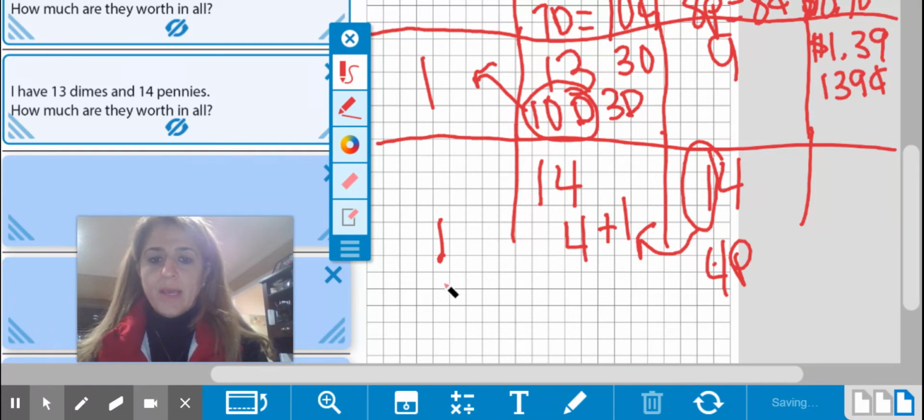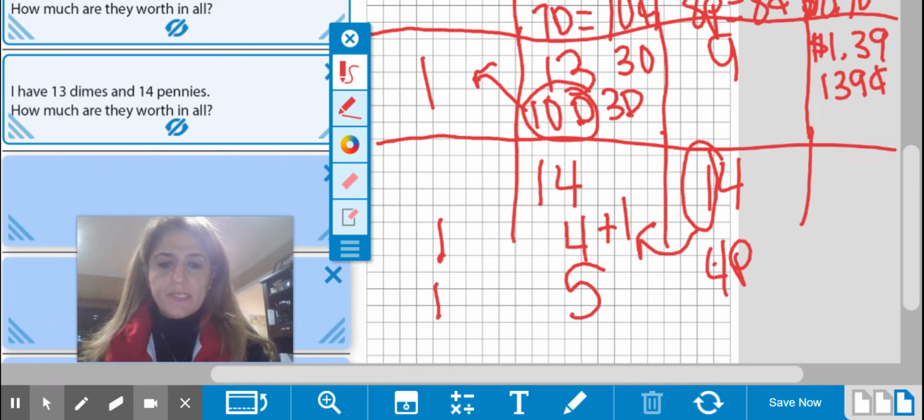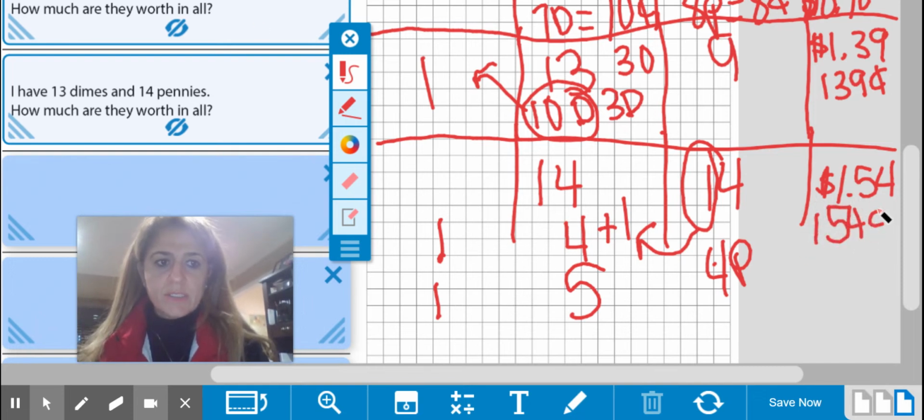So now we have $1, 5 dimes, and 4 pennies, which is $1.54 or 154 cents.